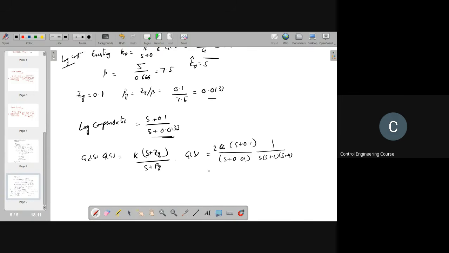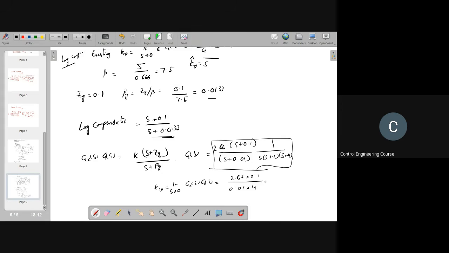This is the overall function. Now you can verify that Kv at this point of time. Now Kv is limit s tends to 0, since I've already included the G of s into Gc of s, this is equal to 2.66 into 0.1 divided by 0.01 into 4.